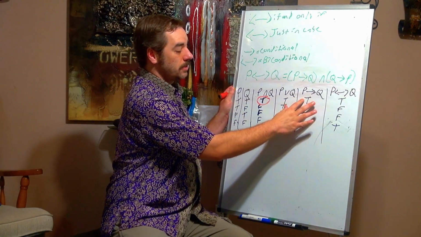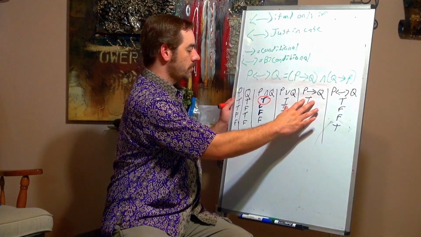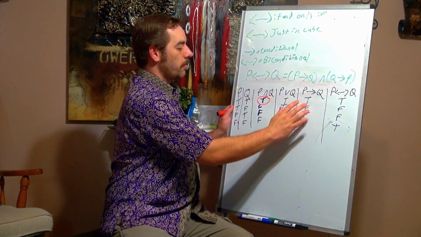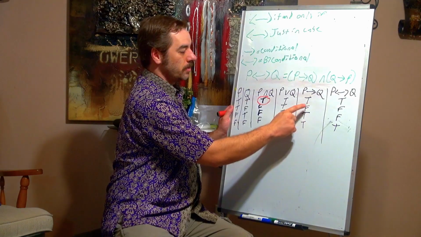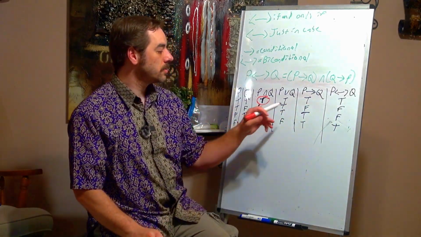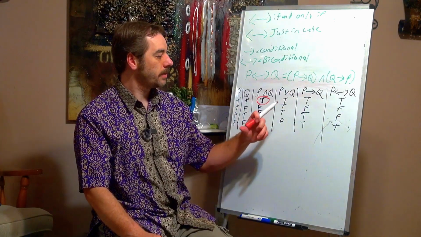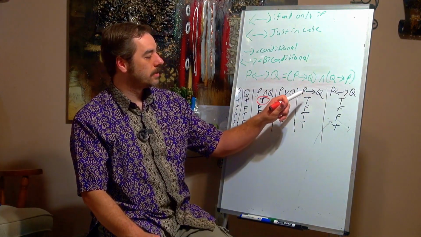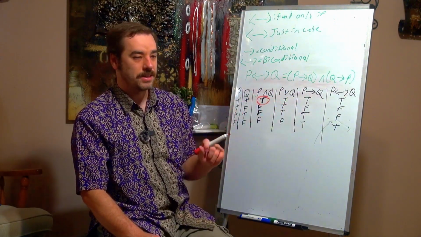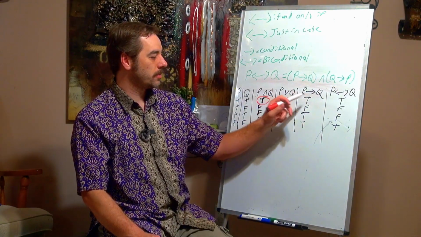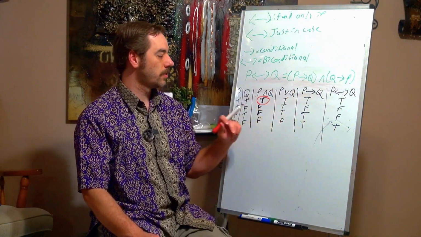Could be the case that I went to the party and I ate queso, so it's true. But it would be false if I went to the party and I didn't eat queso, right? Because what this is showing is the relationship between the party and the queso. If I went to the party, then I have to eat queso. If I go to the party, then I don't eat queso, then it's false.